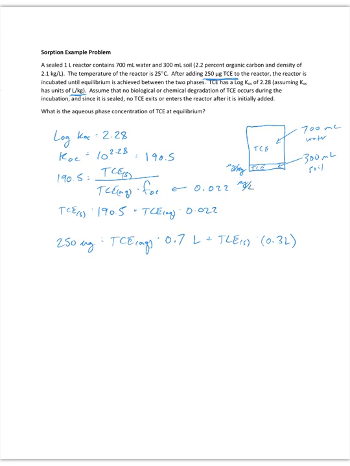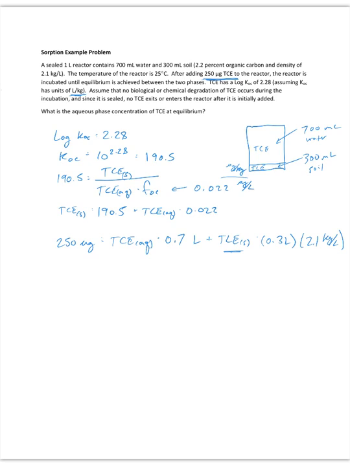And when we divide micrograms per kilogram by micrograms per liter, we get liters per kilogram. Okay, so we've got a mass per mass concentration in the solid phase. And so when we have mass per mass down here now, and we're multiplying by a volume, we need to multiply by the density, which was 2.1 kilogram per liter, in order to get these units to cancel. Okay, so this is our mass balance equation now.